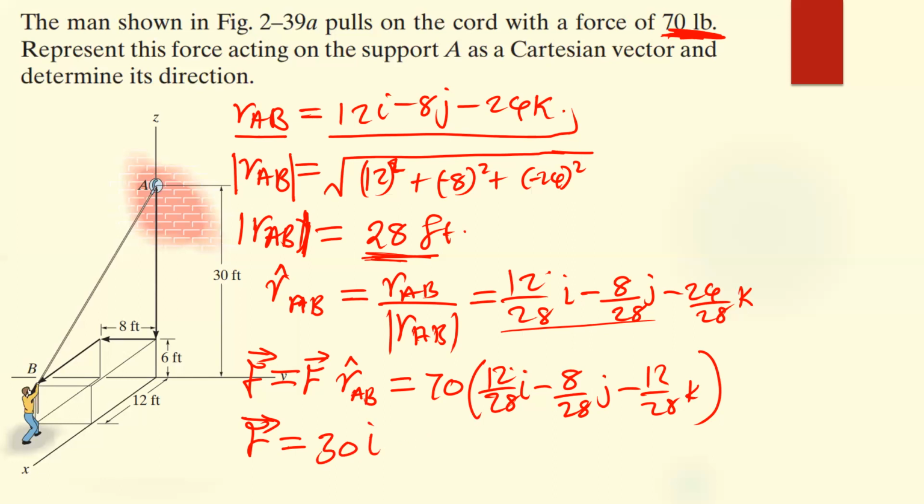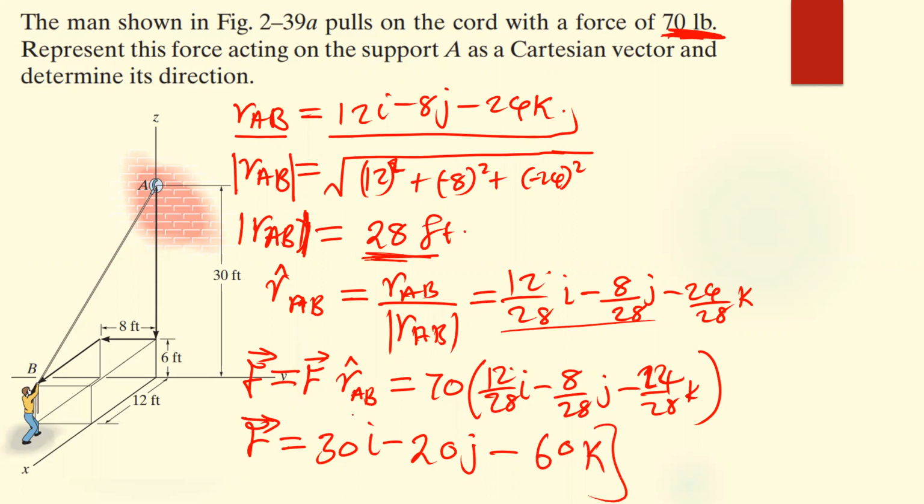And then we have 8 divided by 28 times 70, we're getting 20, so we have negative 20j. Then oh sorry, this one is supposed to be 24, not 12. So we say 24 divided by 28, then times 70, so getting 60.